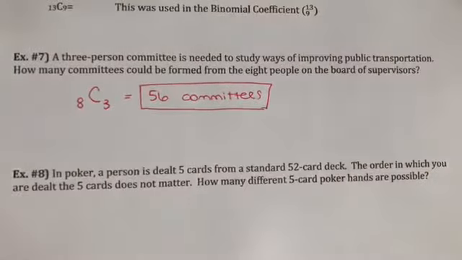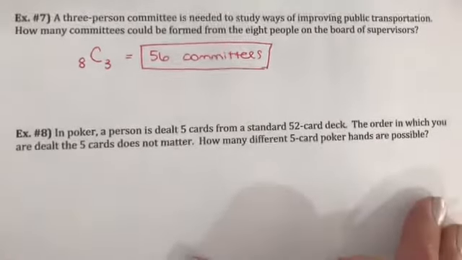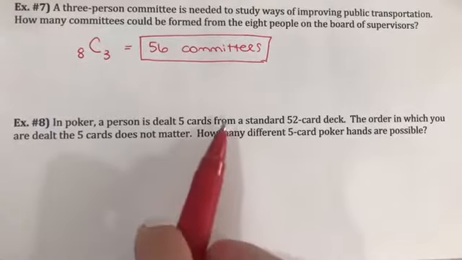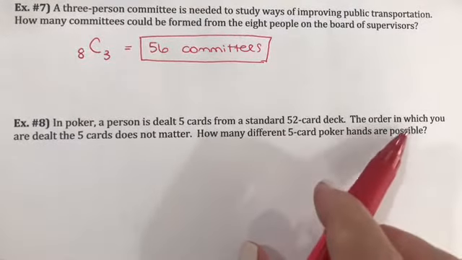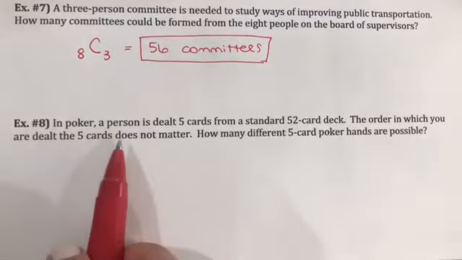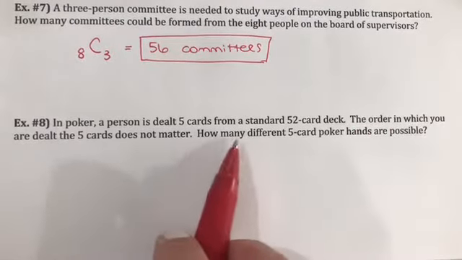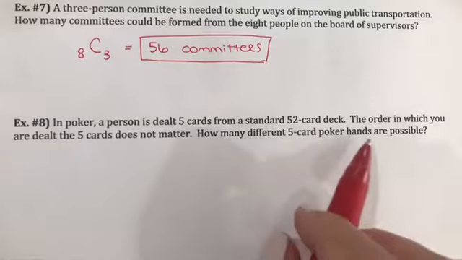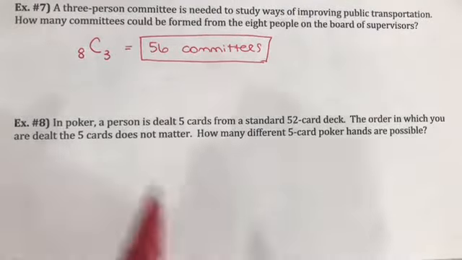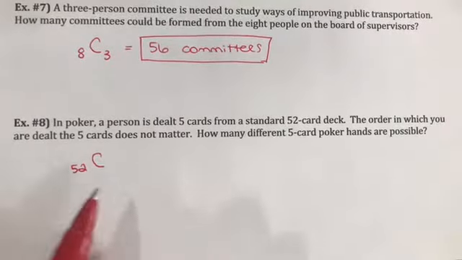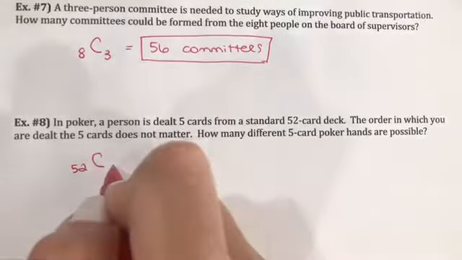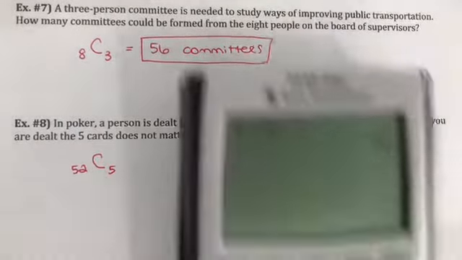Okay. And finally, in poker, a person is dealt 5 cards from a standard 52 card deck. The order in which you are dealt the 5 cards does not matter. How many different 5-card poker hands are possible? So we've got 52 cards that we're choosing from. Order doesn't matter, so it's a combination, and we're picking 5 cards.